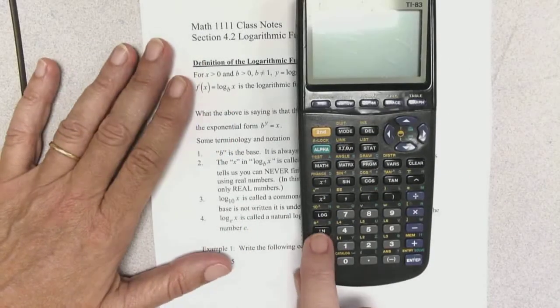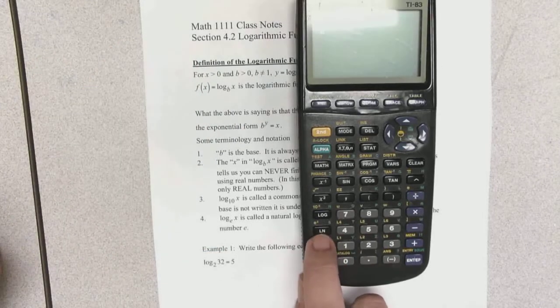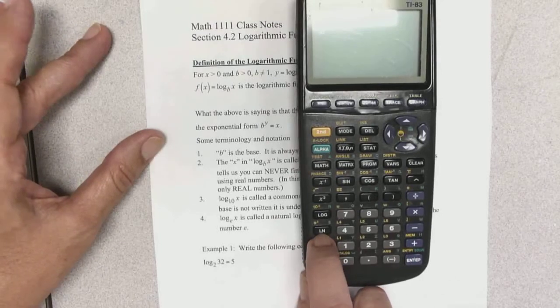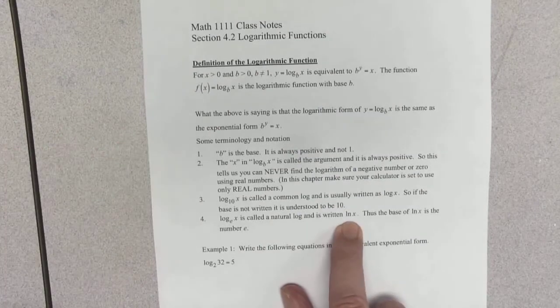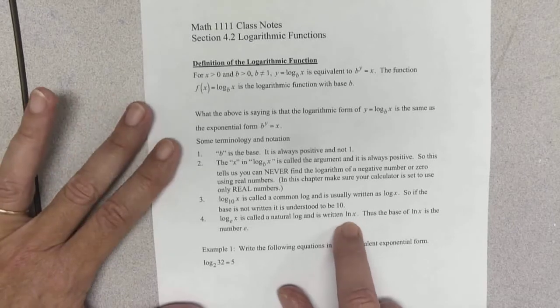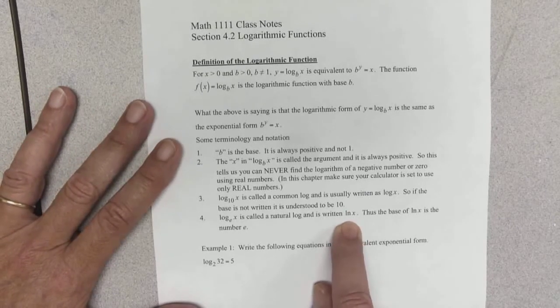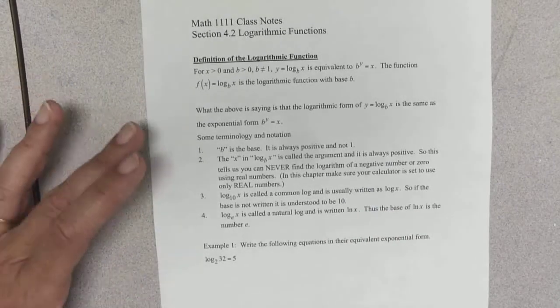I said in the last section that we'd talk about natural logs more. ln right there is our natural log symbol. On the calculator, it's a capital L; in most print, it's usually a lowercase l, but it doesn't matter. Natural log, not the number 1. ln x, natural log of x. And thus the base of the natural log is the number e.